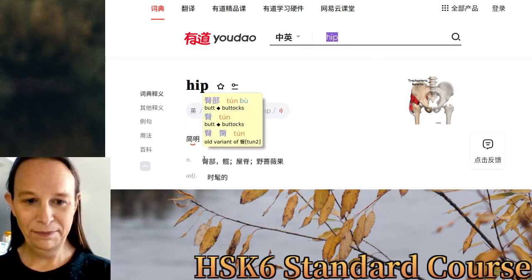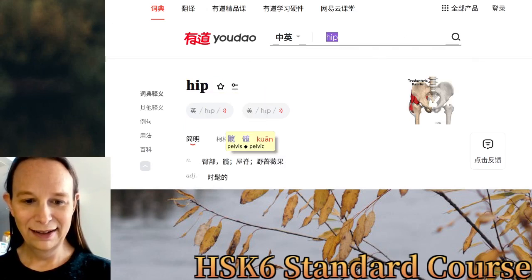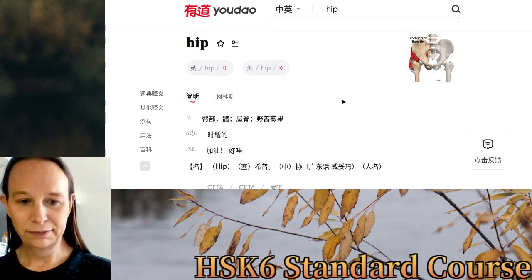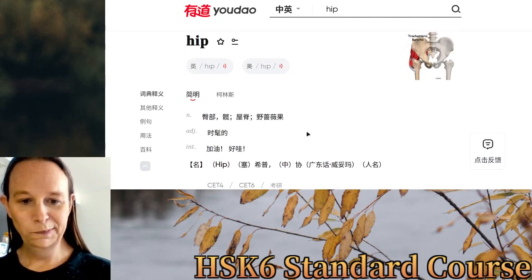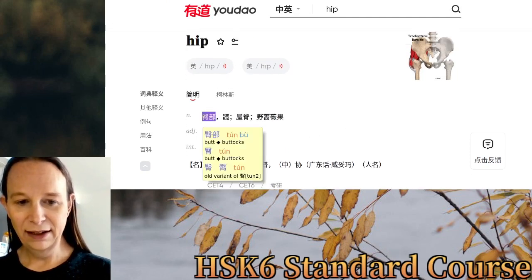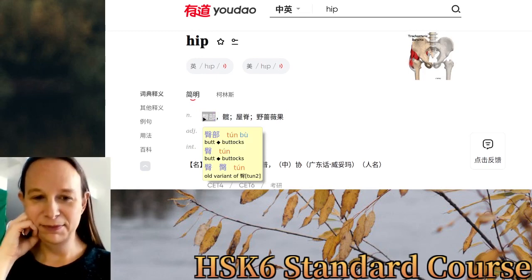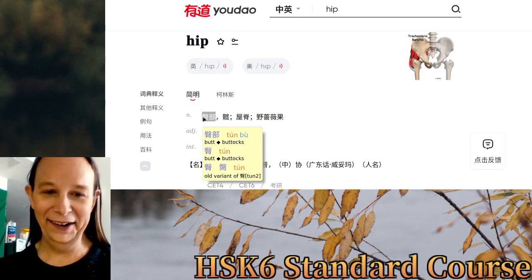This one. 臀部 no. 髋。Hip. Maybe there's this one then, 臀部. Or do you think hip counts as your bottom anyway?